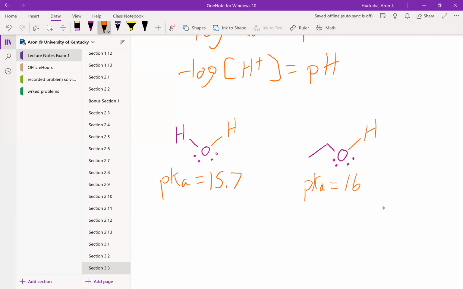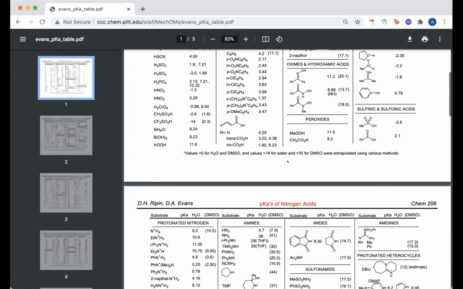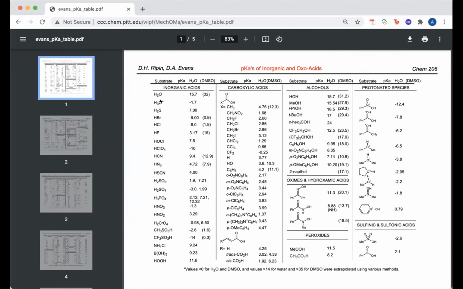And there is a very helpful table of pKa values that you can find on the internet simply by Googling Evans pKa table. It's a very good pKa table that has pKa's of so many functional groups. So for instance, we were looking at water, there's 15.7, and I drew in ethanol, which is similar to isopropanol, and it has a pKa of around 16.